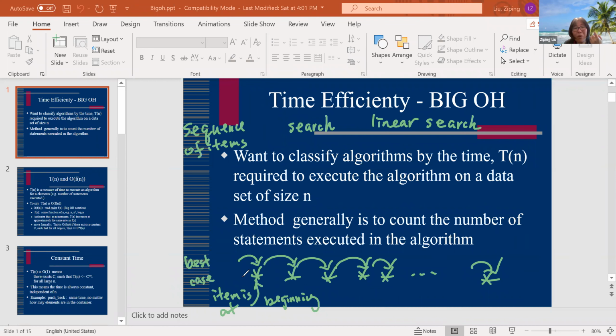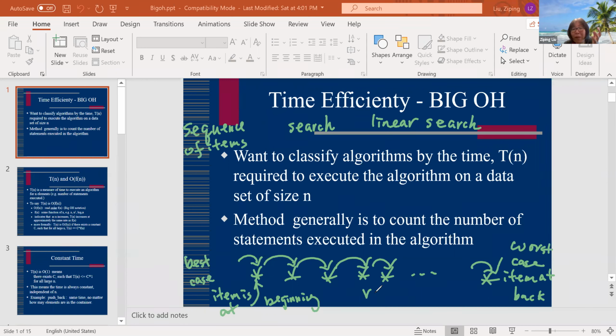Because you do the comparison, you found it. So that's the best case. And if the item is at the very end, then you need to compare with everyone else in the sequence, and you find it. So that's the worst case.